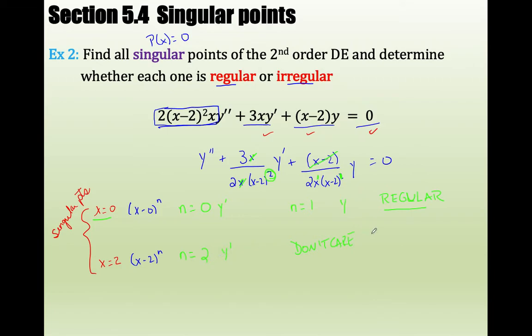This breaks the rules to be regular, therefore x minus 2 is singular, but it is an irregular singular point. And that's all you have to do for your homework, is determine where your singular points are and if they're regular or irregular. You don't have to do anything else.